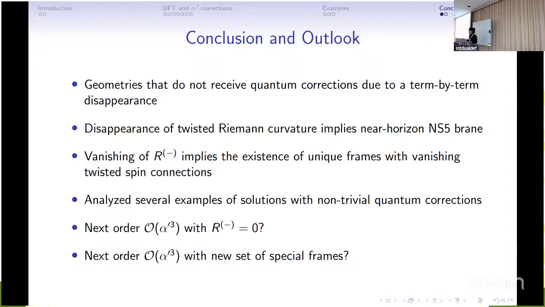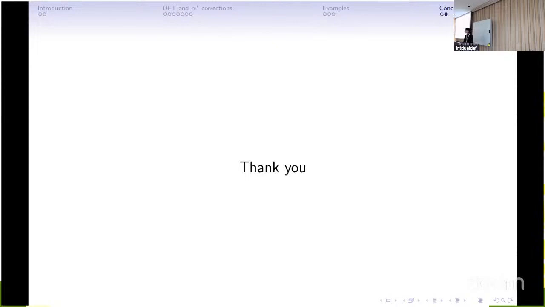That is one question that one could think of. And moreover, what could be the effect of having R minus zero? What could be the translation in terms of the generalized geometry part, generalized Cartan geometry part? That is also one question that one could think of. So those are certain ideas that we can think about, and I think that's it.